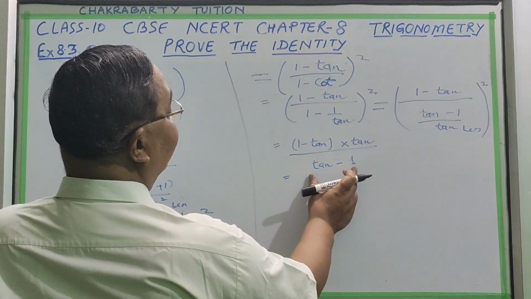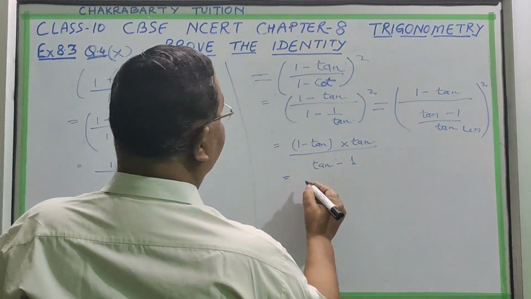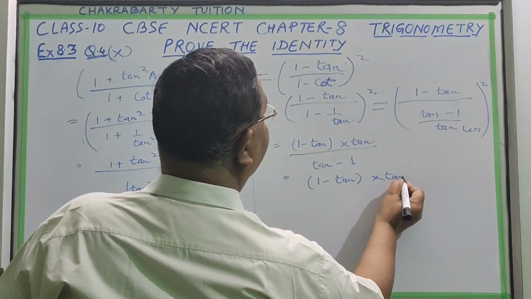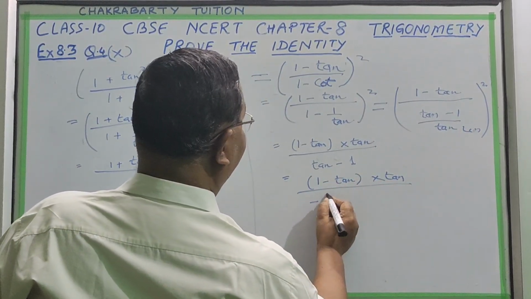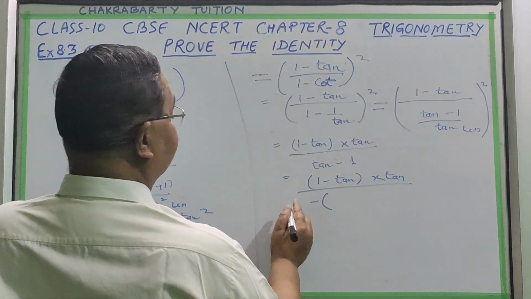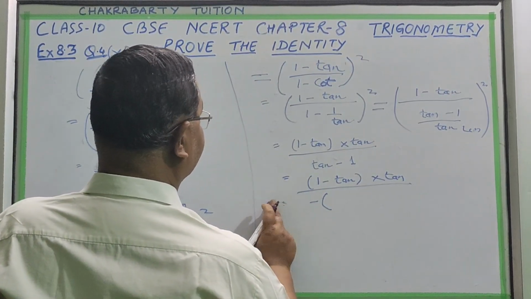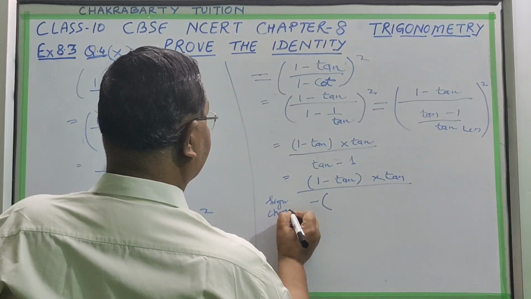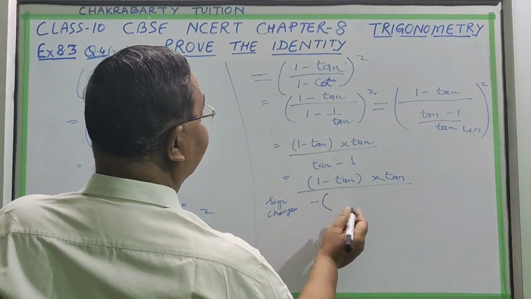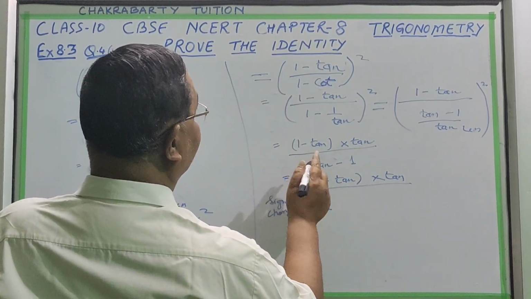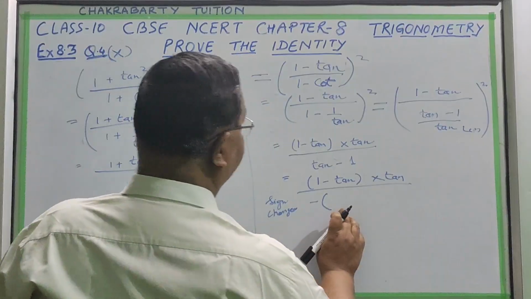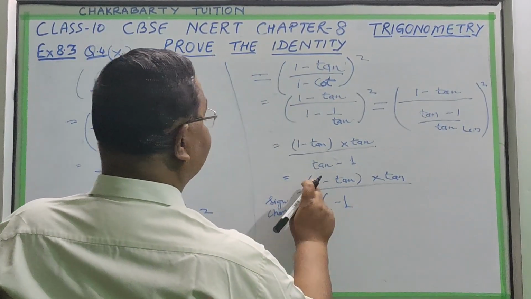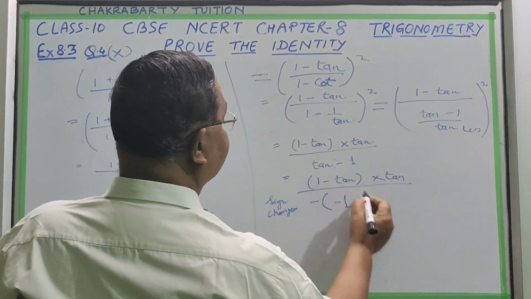Here this sign is not the same. So what can we do? We can do one thing: into tan, and here you take the minus sign out as common, with sign change. If you take out minus from the denominator, this will become minus 1, and this will become plus tan.